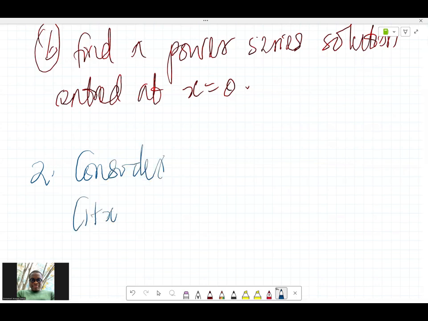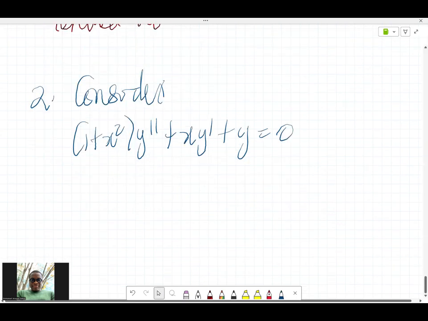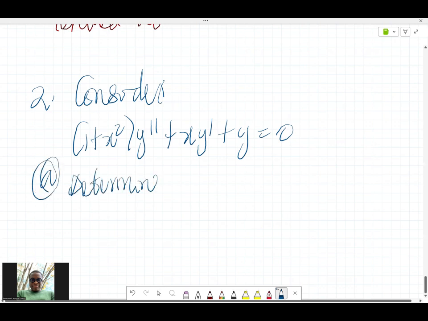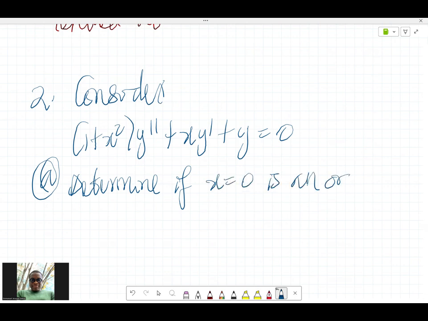So question 2, consider 1 plus x squared y prime prime plus xy prime plus y equals 0. So A now, determine if x equals 0 is an ordinary point.